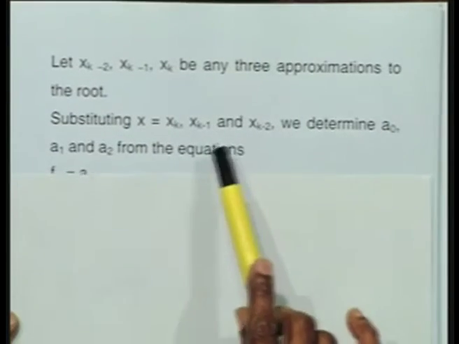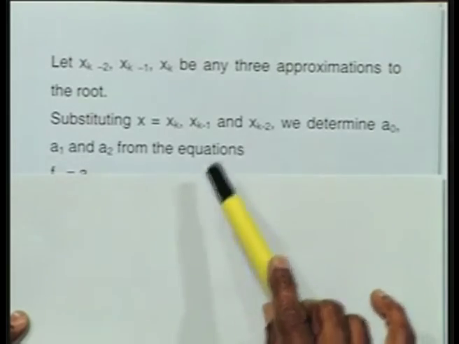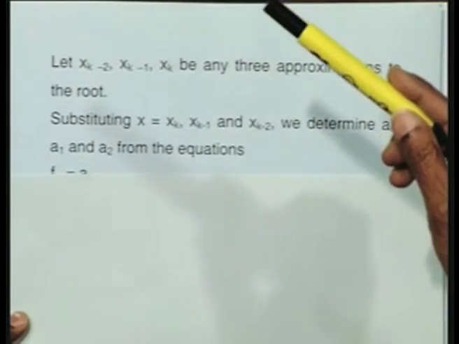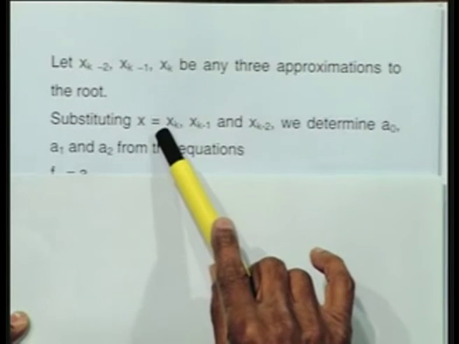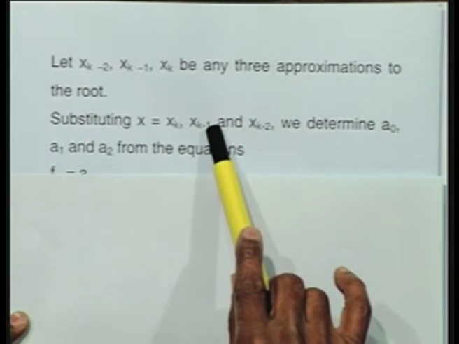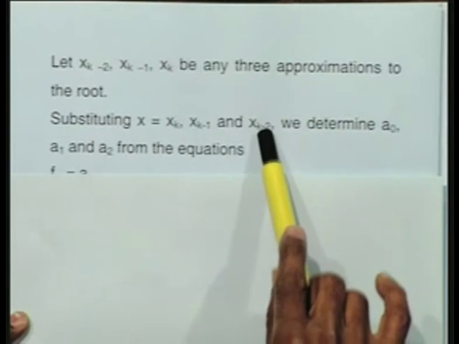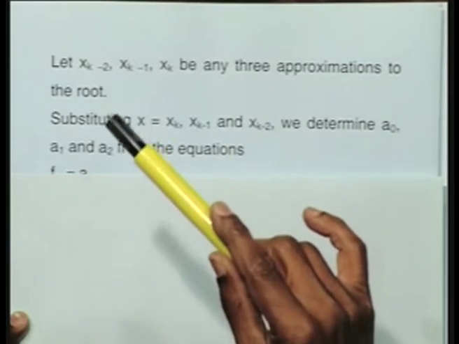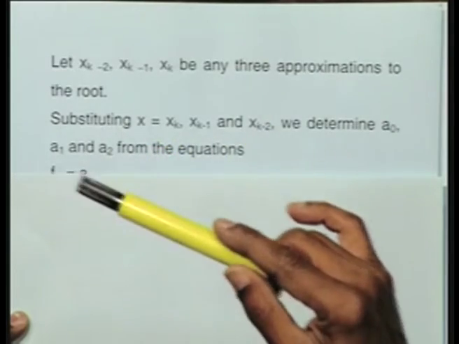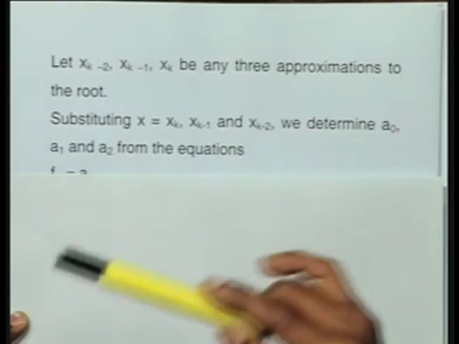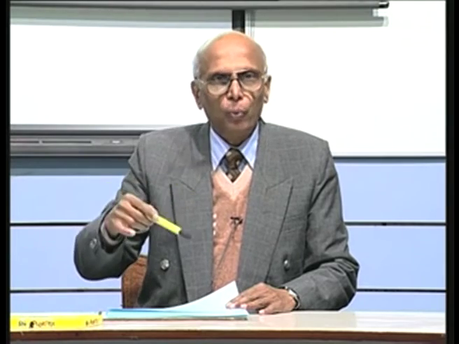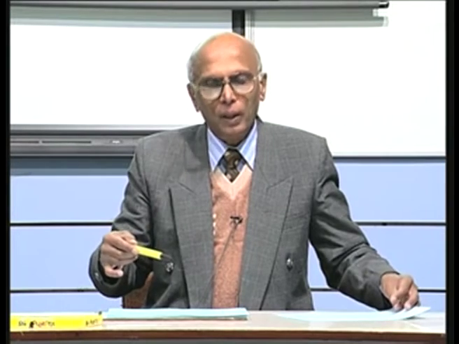Now, since these are the three approximations, obviously there are 3 points on the curve, that is xk, f at xk, xk minus 1, f at xk minus 1, xk minus 2, f at xk minus 2. Through 3 points we can always plot a quadratic curve, that is a parabola. Now, this parabola will intersect the axis at 2 points. Again, one root will be the exact, other root will not be approximating the exact root.